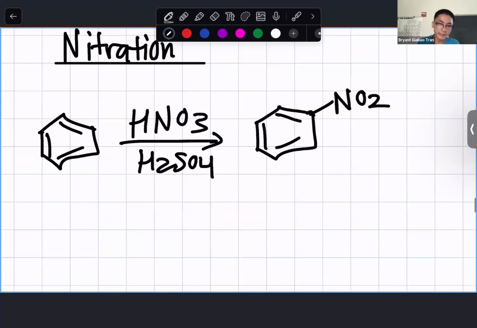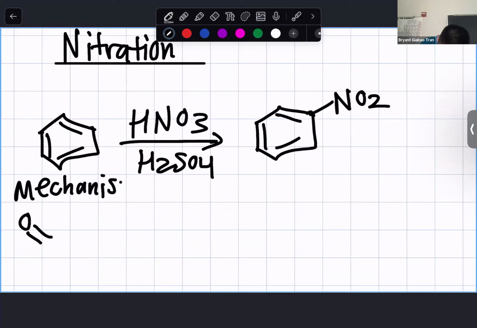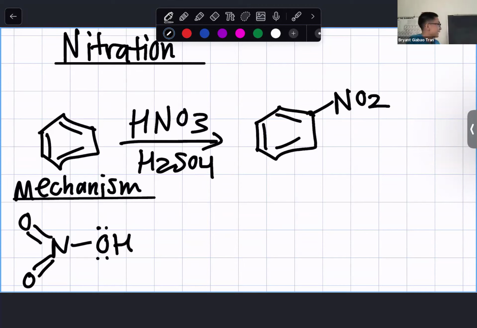I'm going to draw out the HNO3 into this form right here for the mechanism. Nitrogen, double bond oxygen, H. How can we convert this alcohol, which is a bad leaving group, into a good leaving group? Yep, protonated, right?